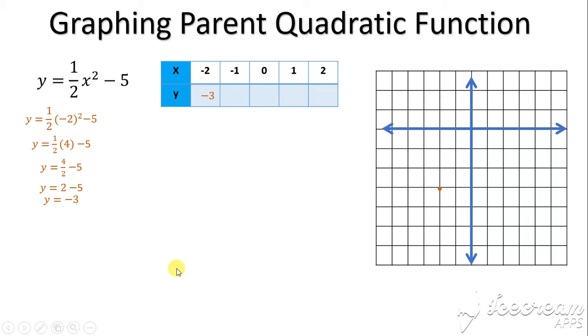So now I'm gonna do it with -1. 1/2 times -1 raised to the second power minus 5. And -1 times -1 is just the same as 1. And 1 times 1/2 is 1/2 minus 5. So what I need to do here is make the 5 have the same denominator as 1/2.